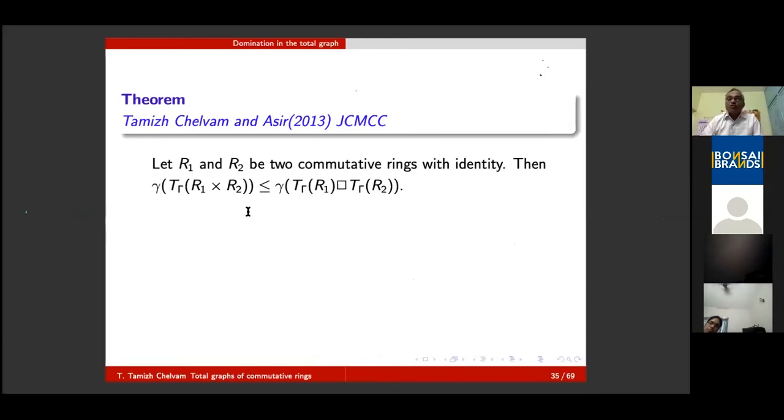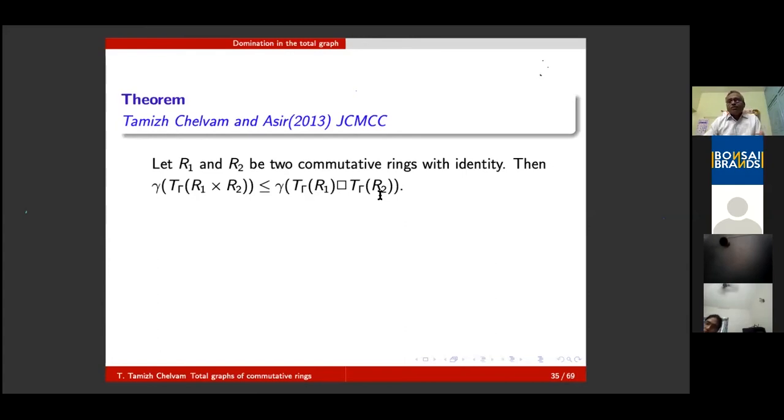Suppose R1, R2 are commutative rings, then consider the domination of the total graph of the direct product of R1, R2. This is the algebraic direct product. On the other hand, I can have individually T gamma of R1, the total graph of R1, and the total graph of R2.